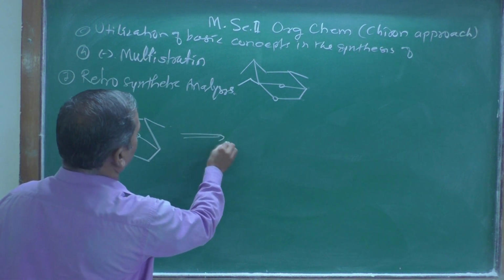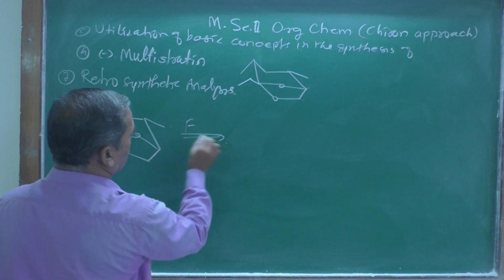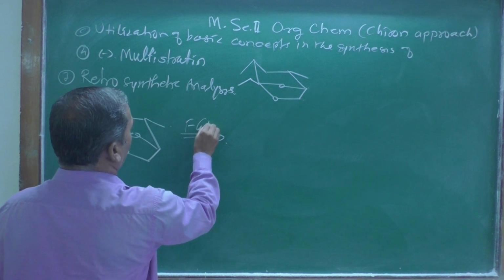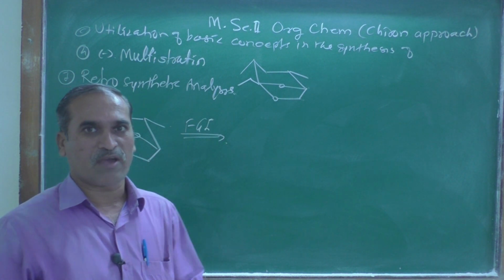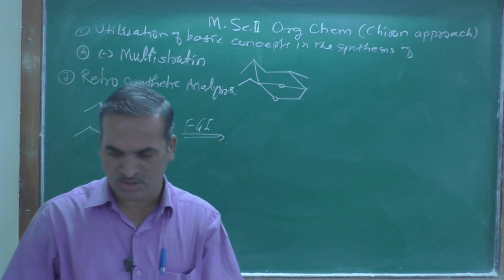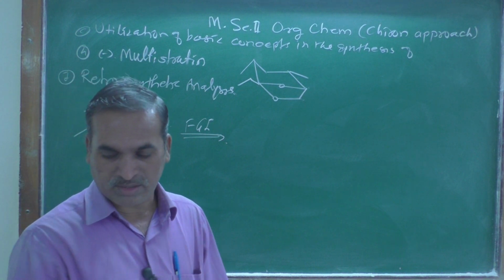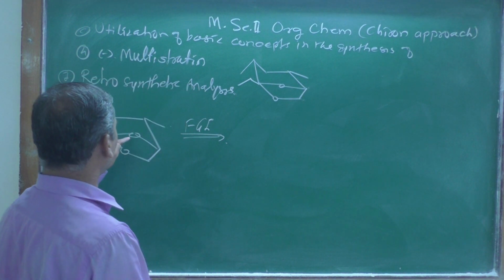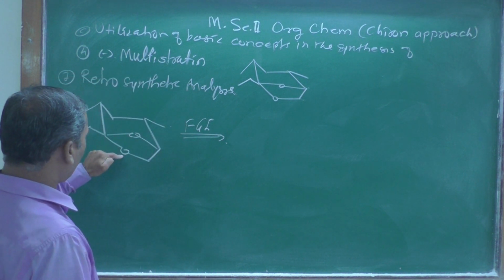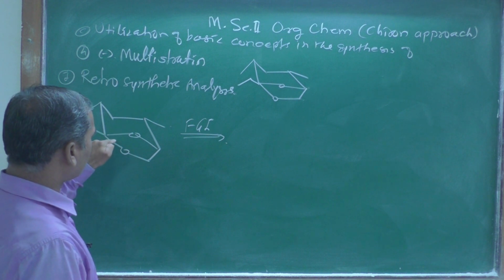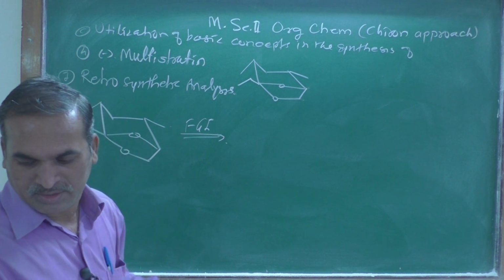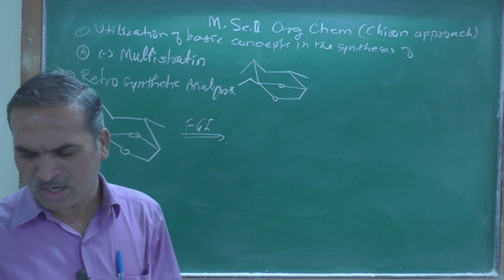Now the first step is a disconnection arrow, writing FGI, functional group interconversion, over it. Here you get an oxygen, and maybe a ketone type of diol.